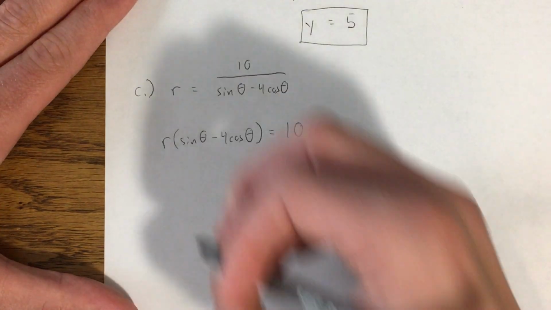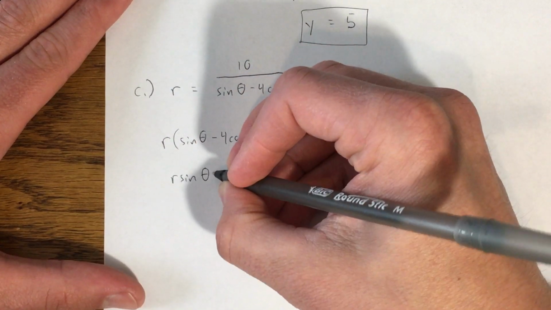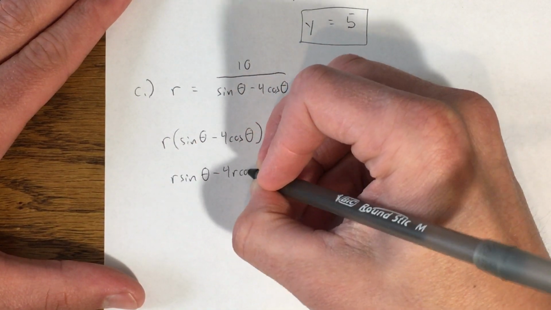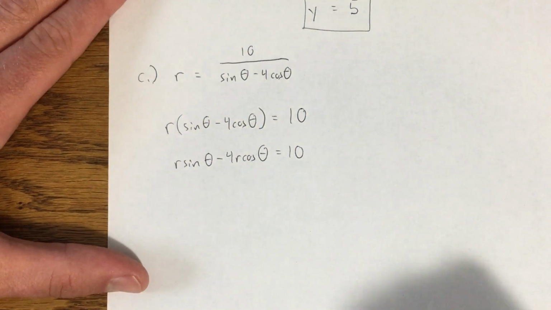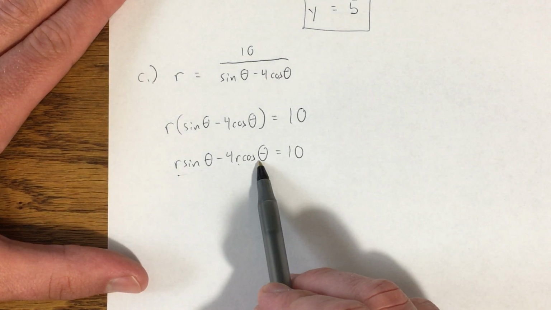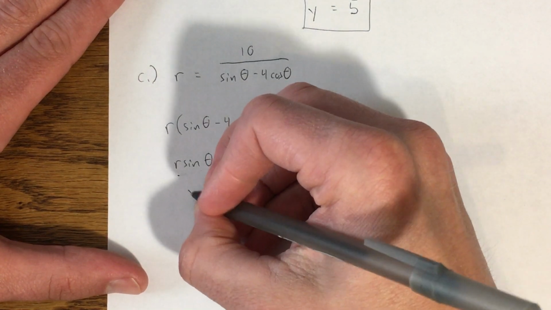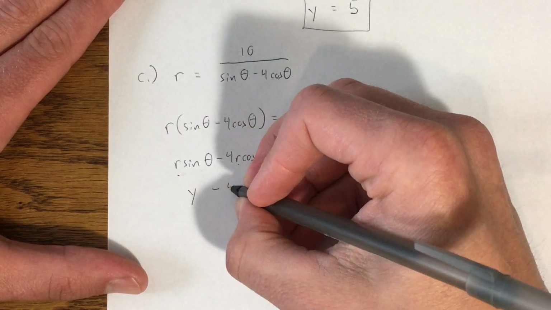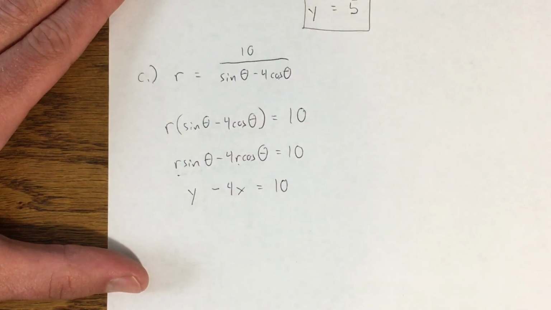Then let's distribute the r in. So this becomes r sine of theta minus 4r cosine of theta equals 10. Finally, notice that the r sine of theta here and the r cosine of theta here are going to turn into a y and an x respectively. So this becomes y minus 4x equals 10.